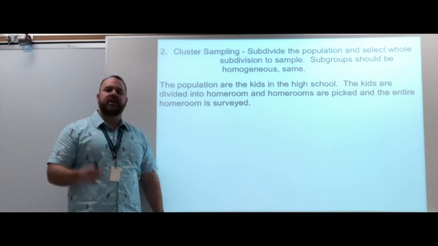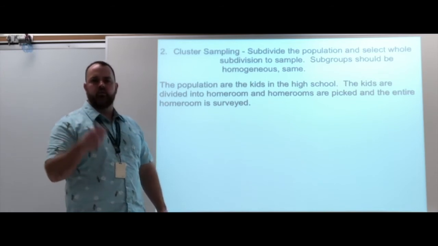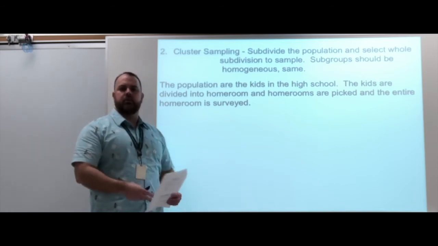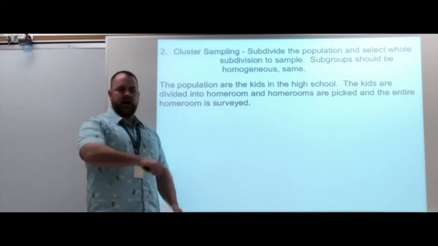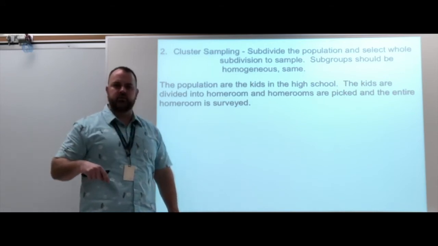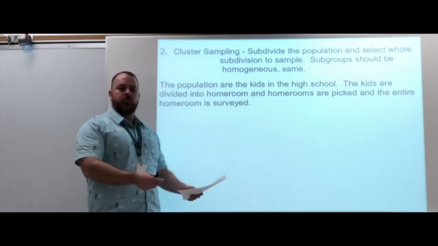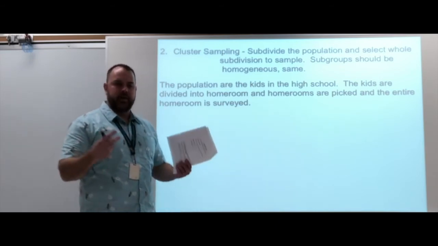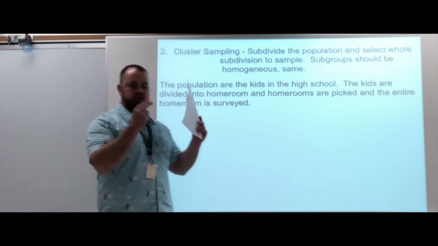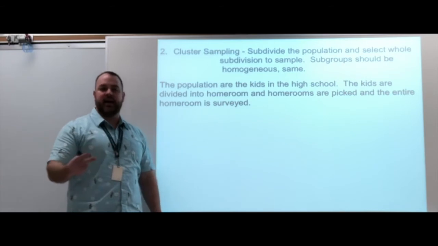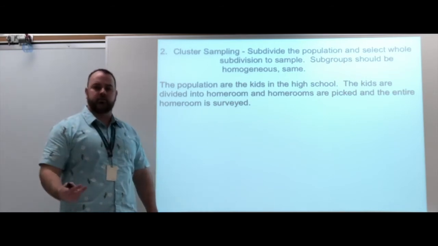What this does is save time on traveling. Instead of randomly picking 100 people, and then having to travel to all these different homerooms to get them, I might randomly pick 4 homerooms that may add up to the 100 people, but I'm going to just 4 locations. So cluster sampling saves time in that aspect, in that you might not have to travel as much.